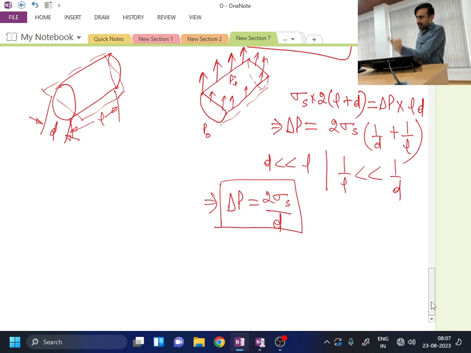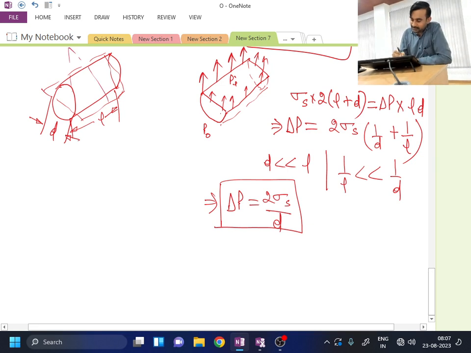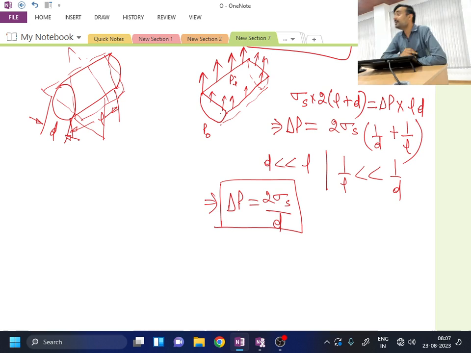But if you take a plane like this, then it will be different. Actually it will be a different situation. But corresponding to that, we are not having any pressure difference in this direction. Then D and L will be related. Okay.